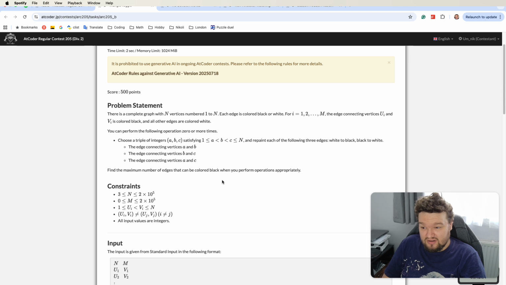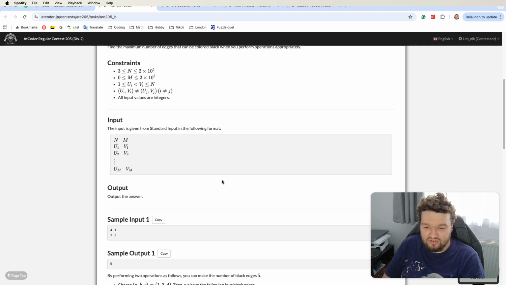So the answer is the maximum number of black edges I can achieve. I should only print the number, right? Okay. So the maximum number of black edges I can achieve is n choose 2, that's all the edges, minus the minimum number of white edges. And the minimum number of white edges is the number of vertices with odd white degree divided by 2, because I count each edge twice in that.